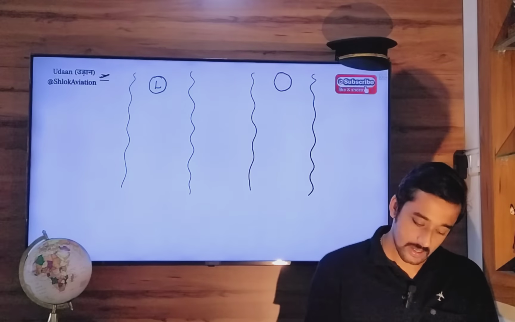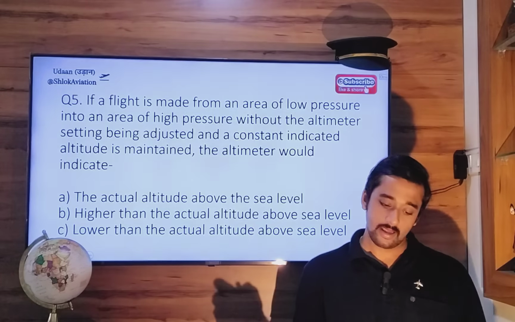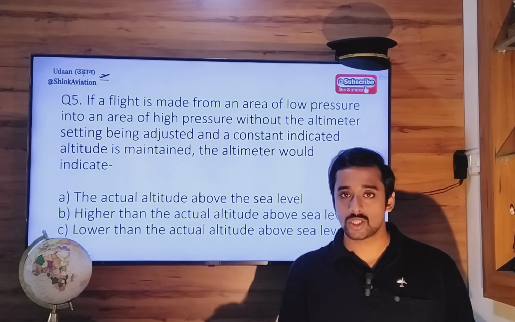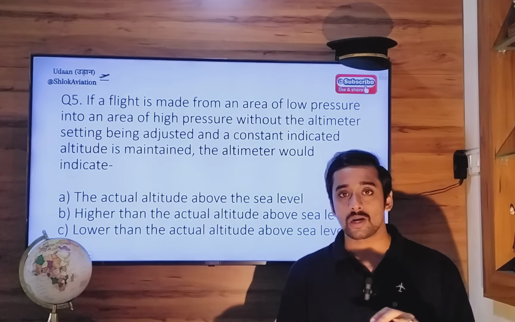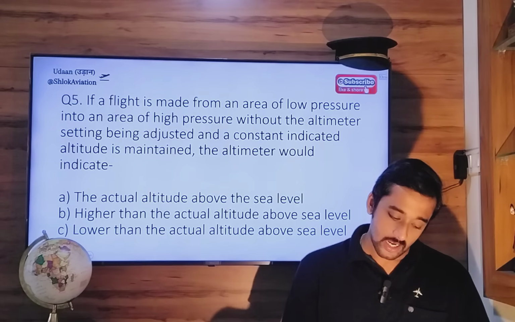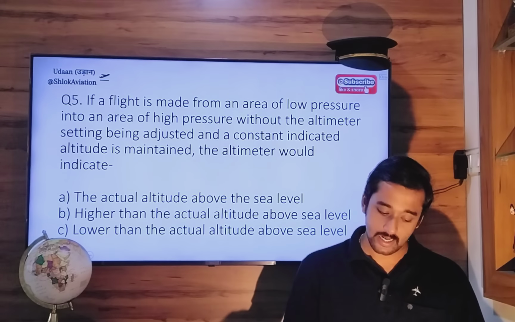So low pressure and high pressure. Okay, so you are traveling from a low to a high pressure area without the altimeter setting being adjusted. Means you are not updating your altimeter setting window. You are not putting a new QNH value. And a constant indicated altitude is maintained. What will happen? The altimeter would indicate what?